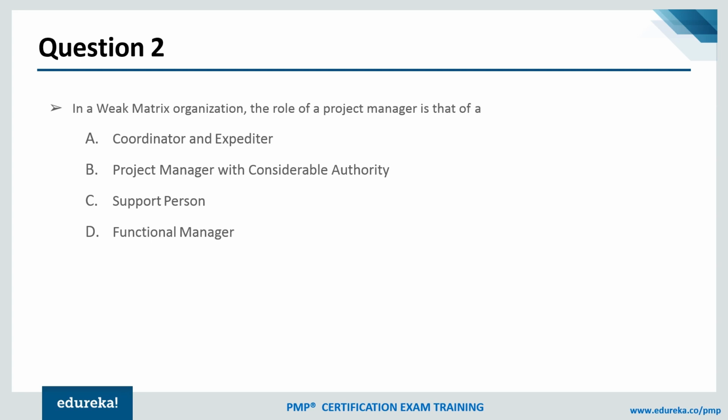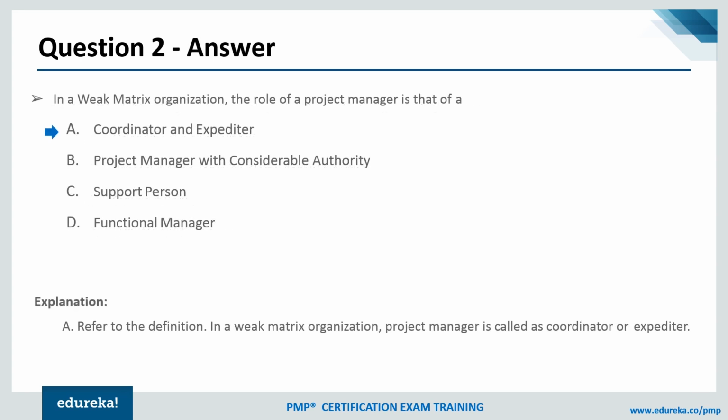Okay, I got that. Good. I can see that you all are taking notes and probably referring to that also while answering this. So in a weak matrix organization, the role of a project manager is that of a coordinator and expediter. There is no clear title as project manager. We saw this in that table.